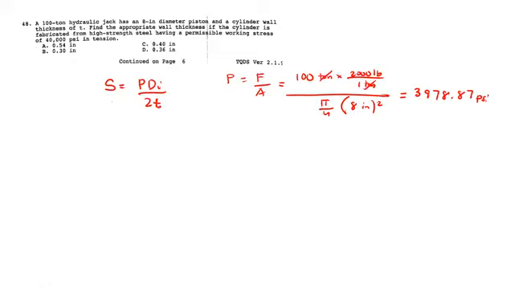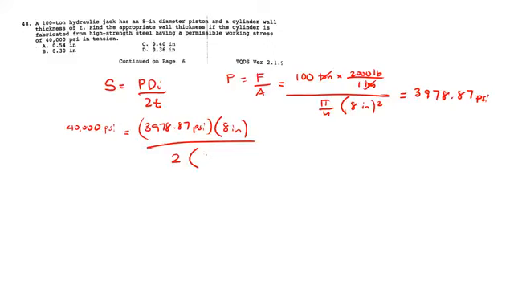Then, makuha natin. So, stress is equals to, hinahanap pala natin thickness, no? So, stress natin, 40,000 PSI is equals to pressure na 3978.87 PSI times inside diameter na 8 inches divided by 2 times thickness.